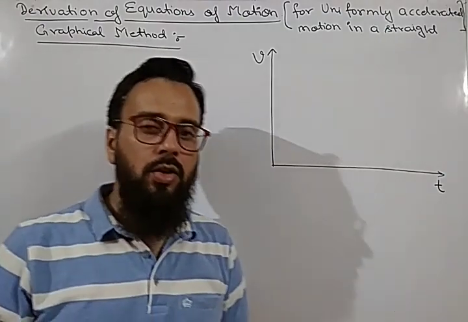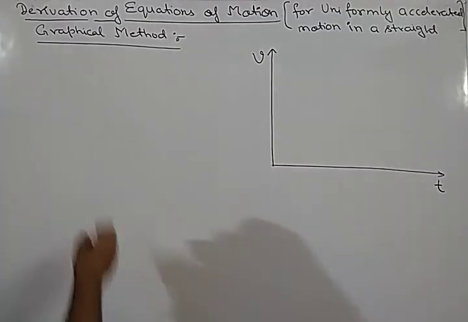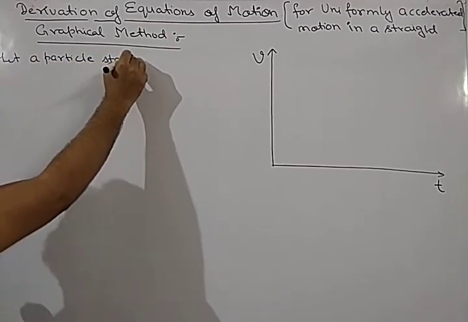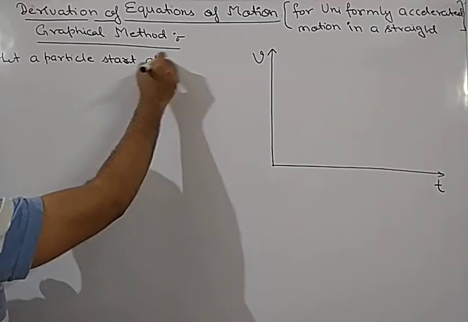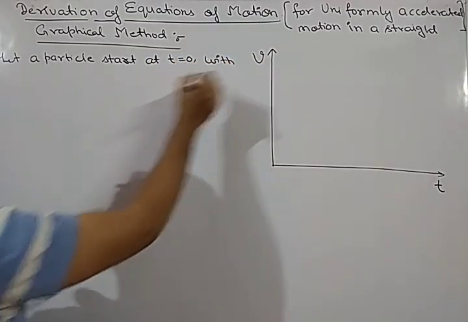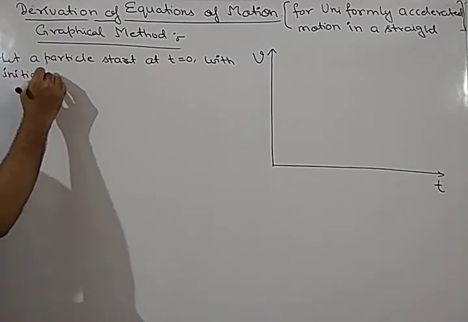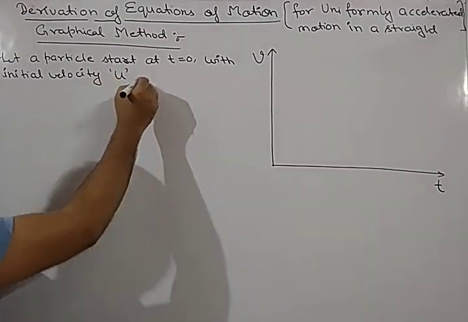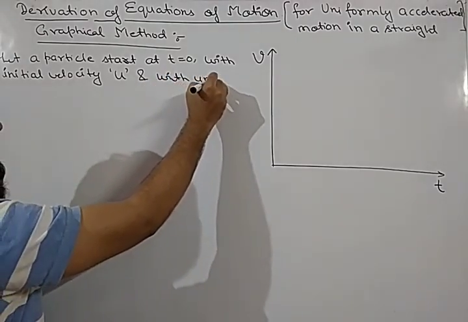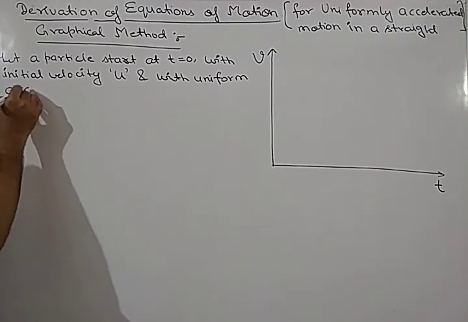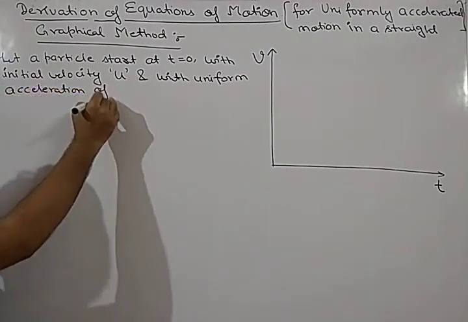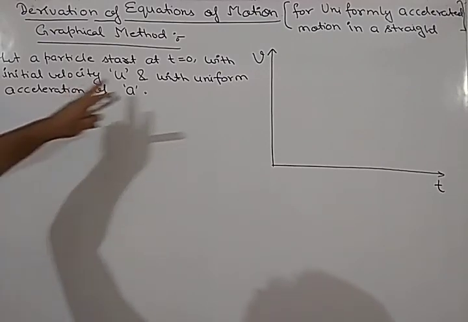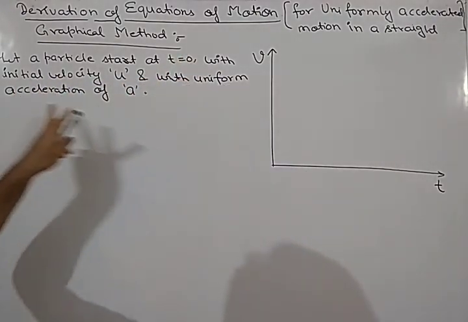As we have already discussed all the types of graph, here we are considering, let a particle start at t is equal to 0 with initial velocity u and with uniform acceleration a.